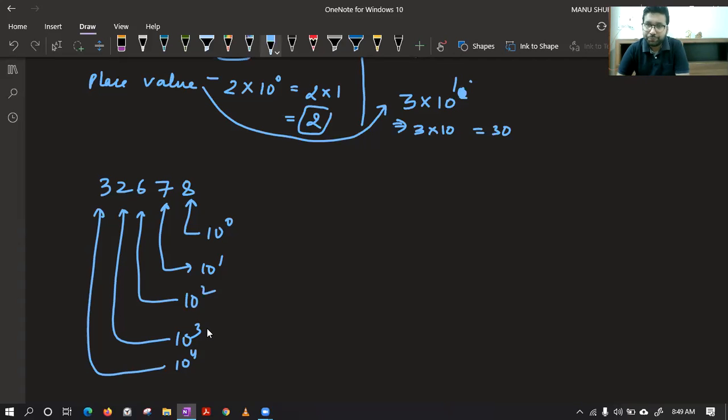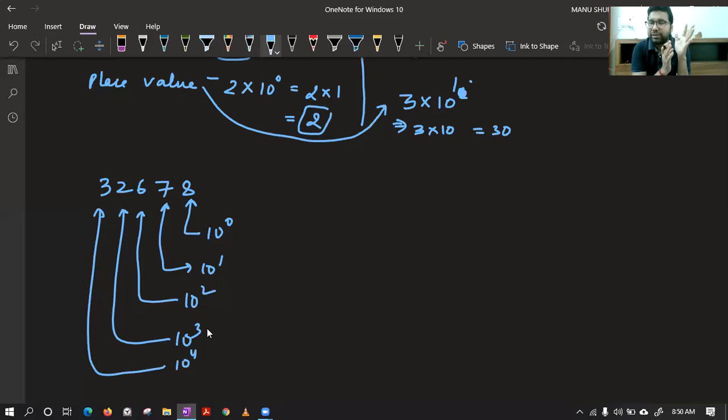It is 1 only. So class, we have understood the concept of position weight, that the rightmost is 10 power 0. The rightmost, that you say always once, actually that once is not once. That once is actually 10 power 0. And we know any number power 0 is 1. Yes, we did this in 7th also.